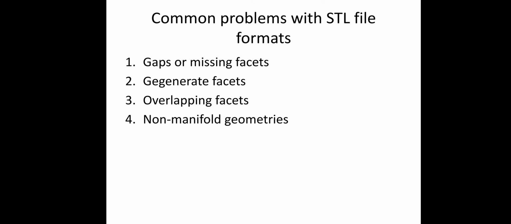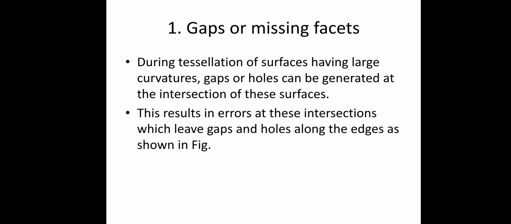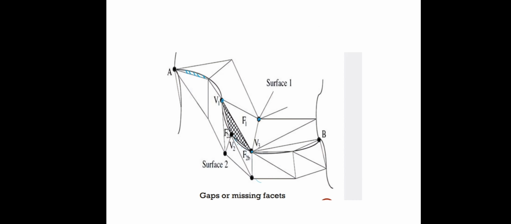Gaps, missing facets, degenerate facets, overlapping facets, and non-manifold geometries. So, if there are any gaps or missing facets in the tessellation process using STL file formats, missing facets will be generated. The shaded area represents the missing facets, which will not be printed in the printed part.